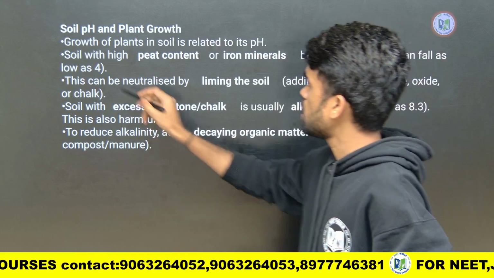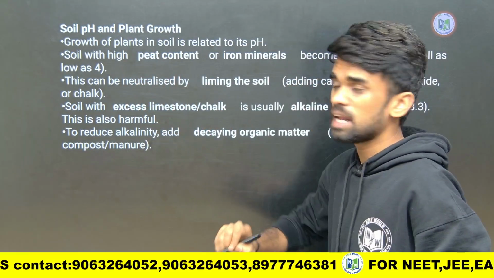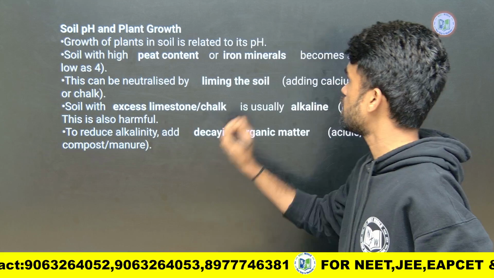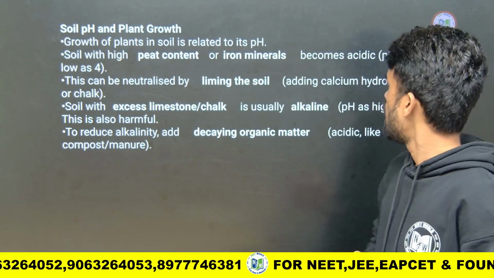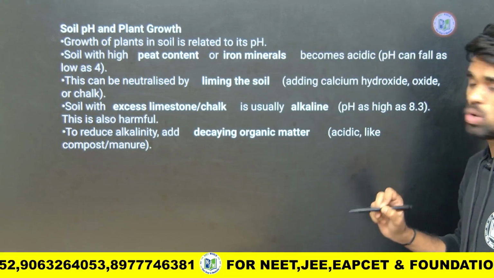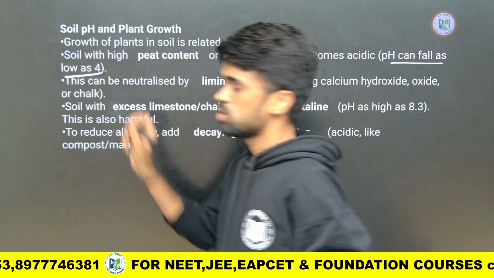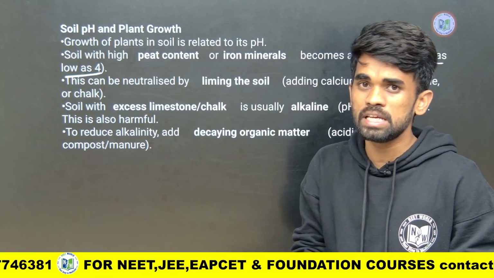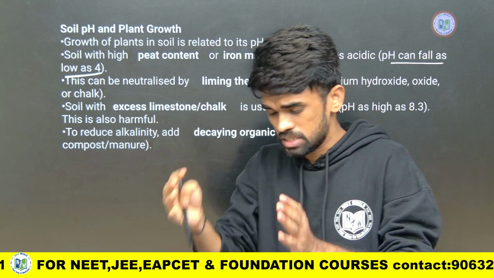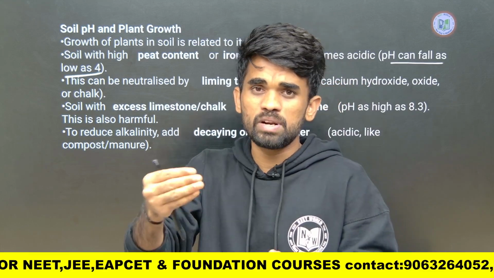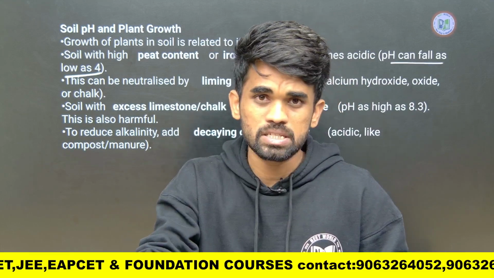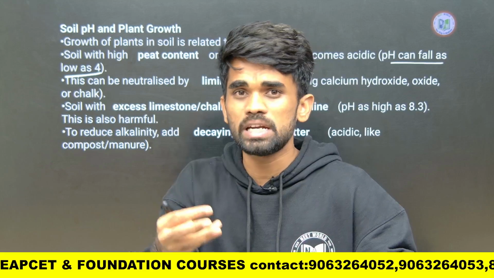Generally, soil with high peat content or iron minerals becomes acidic, and pH falls as low as 4. Due to this very low pH, we need to make that land suitable for proper crops. Depending upon the crop, we need to maintain the pH levels.